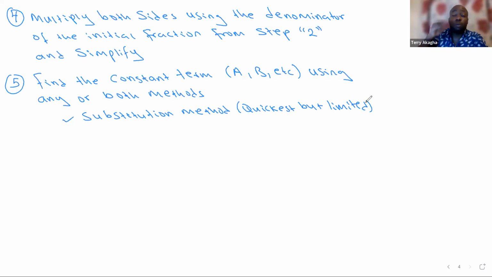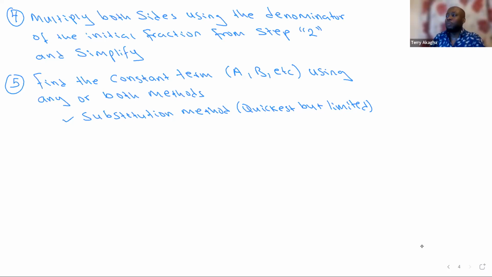With the substitution method, you look for the x values where, when you substitute, it is going to cancel out 2 or more of the unknowns, leaving just 1 unknown. So you substitute a value into the expression such that all but 1 of the unknowns become 0.